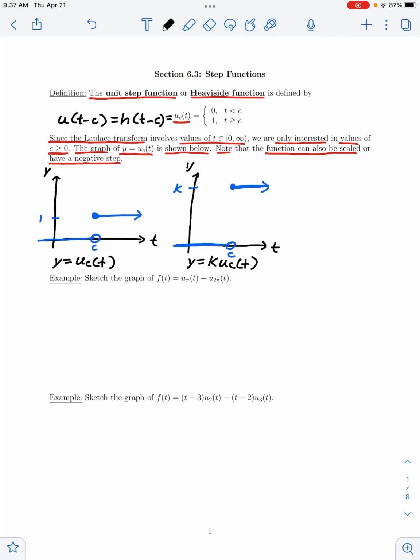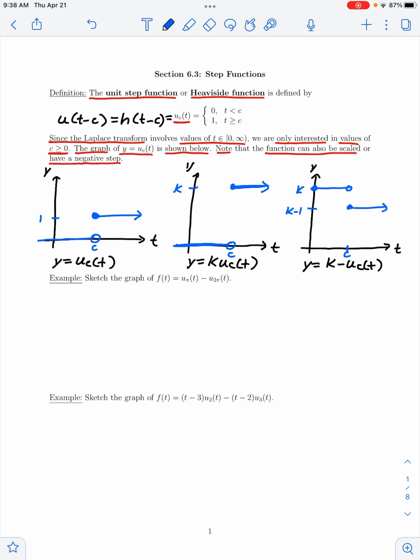For instance, if we considered in our ty plane the graph of, let's say, k minus u sub c of t, we would have the function whose initial value for all t less than c is the constant k, up until we hit time c, at which point the value of our unit function becomes 1, and y would be given by k minus 1 for all t greater than or equal to c.